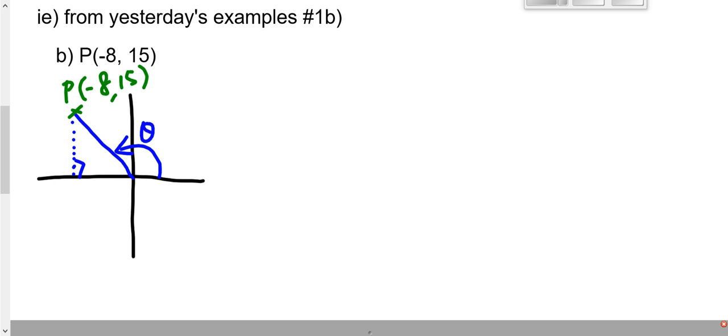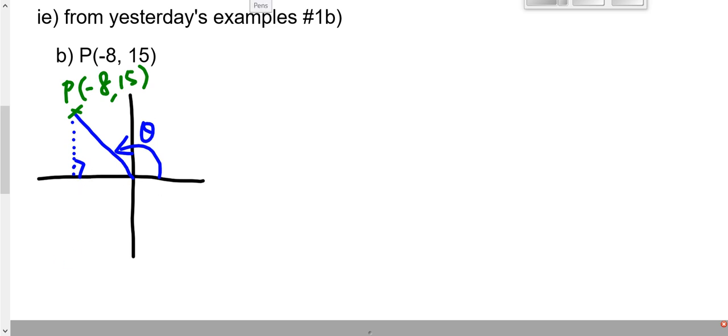Then we apply the coordinates to find the lengths. If you look at this, -8. As we mentioned before, this is the length, so there's no sign with it. The length here is 8 units.